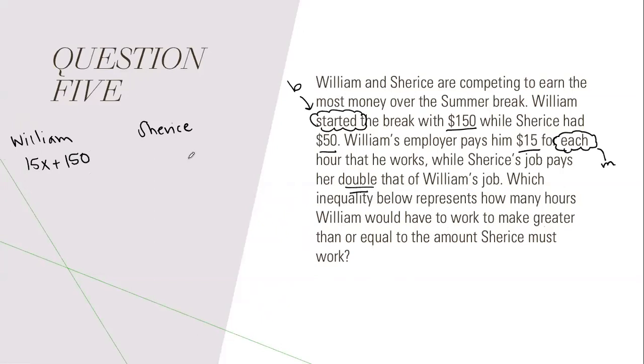Good. Someone in person, tell me Sharice. 30x plus 50. Perfect. Yes, yes, yes. So she made double that, so 30x, and she started with 50.